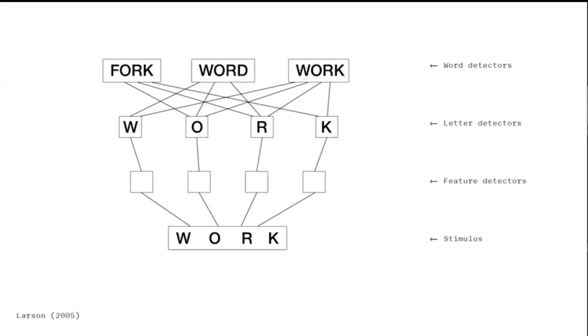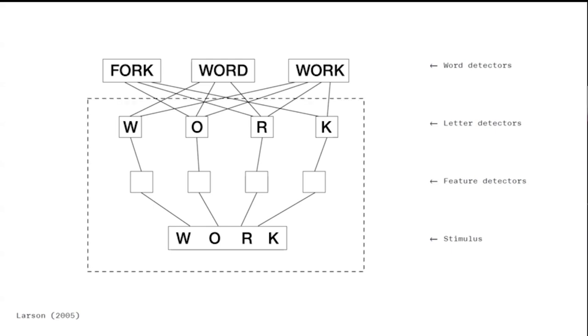These feed into word detectors. Basically, we create word candidates, and then from these we choose what's most likely in the given linguistic context. But in this talk, we'll be interested in basically this part.